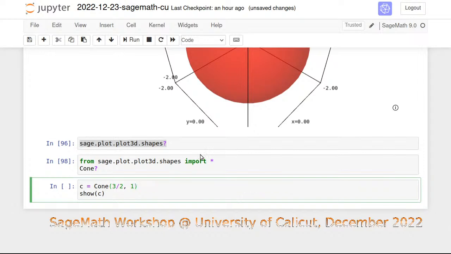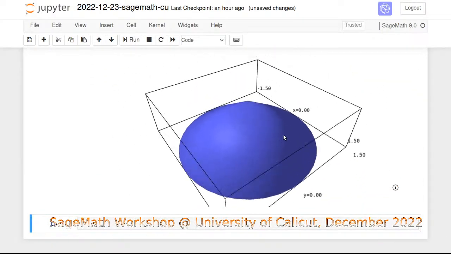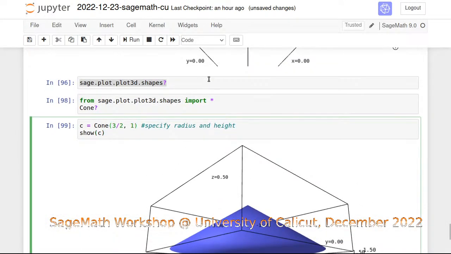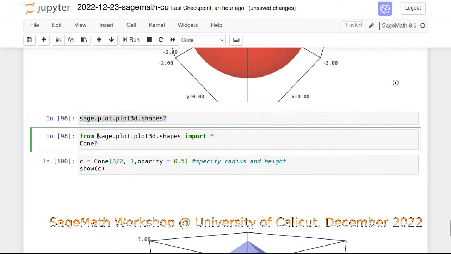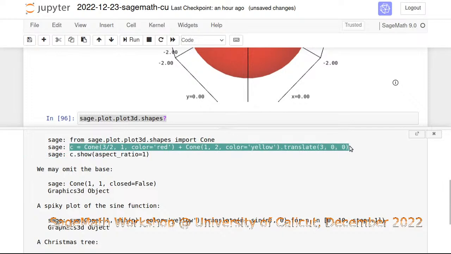Let us just use this. Now the opacity command mostly works with most of the plotting commands. Opacity equal to 0.5, if you give. And if you look at the documentation once again, we were copying and pasting one example from this. So this is it. Now there is a translate also.